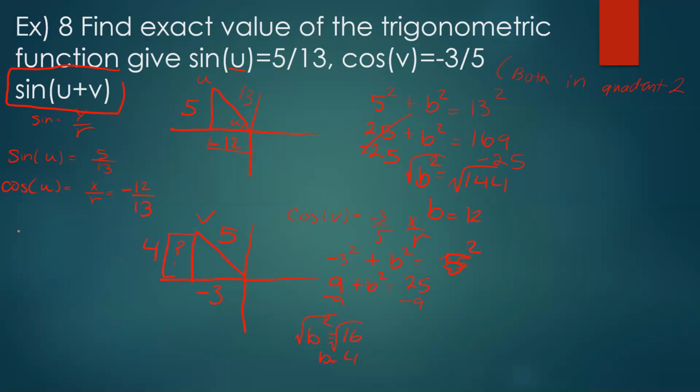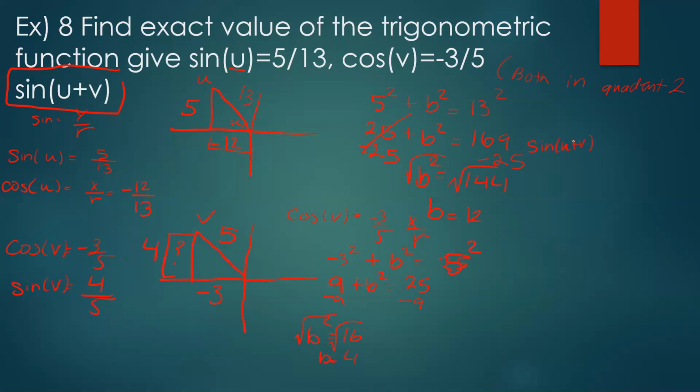Okay, so they say that cosine of v is -3/5. Let's find sine of v, because I have a feeling we're going to need sine of v. Sine of v is y over radius, so that's going to be 4/5. So what we're going to do is find sine of u plus v, right?